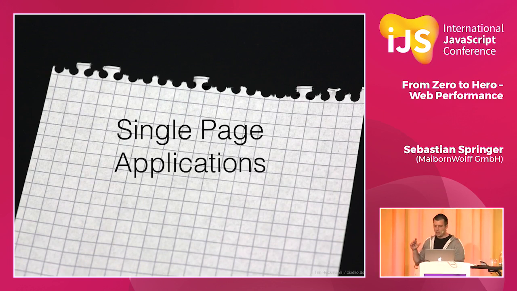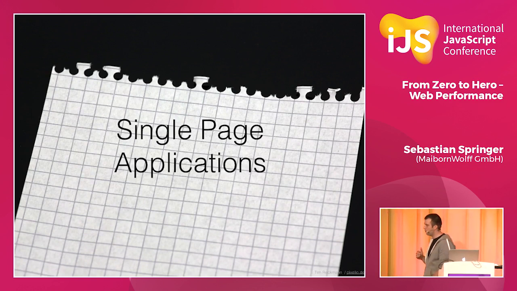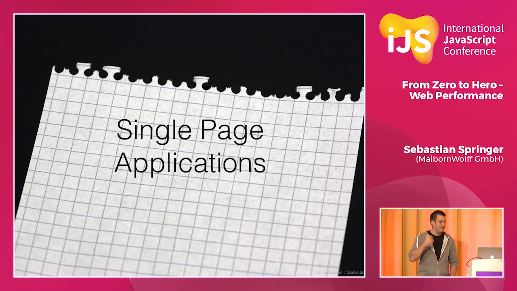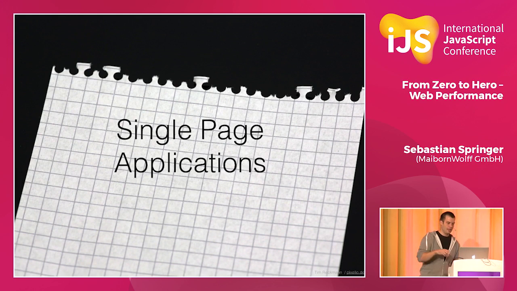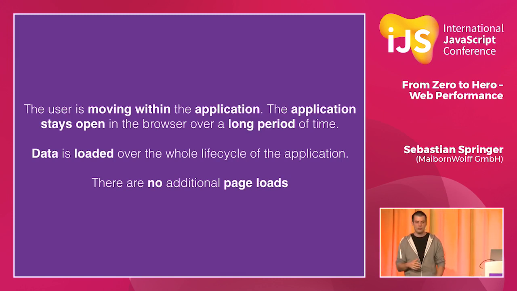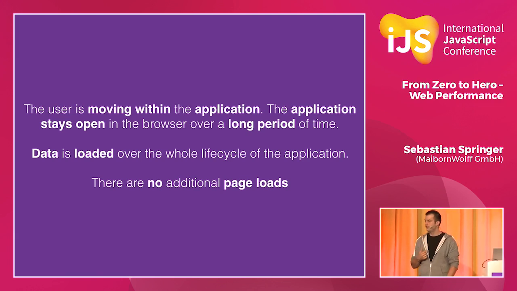So all of the stuff we just talked about was true for nearly every web page. There's a special type of application which is a single page web application, and that means that your users don't change pages while using the application, but stay on one page, and the page is modified throughout the life cycle of your application.